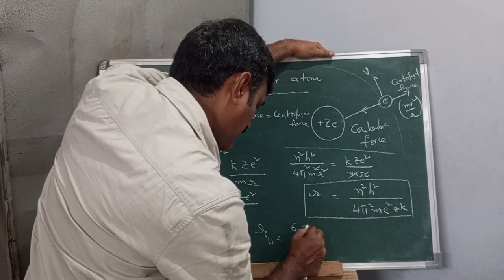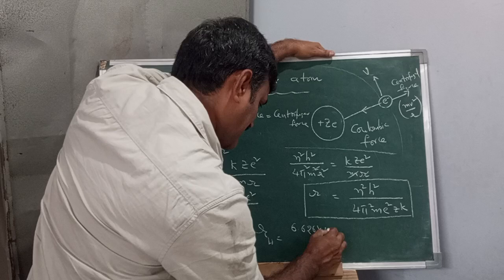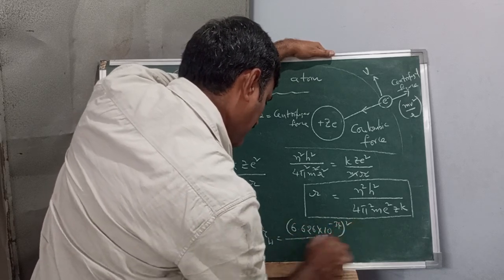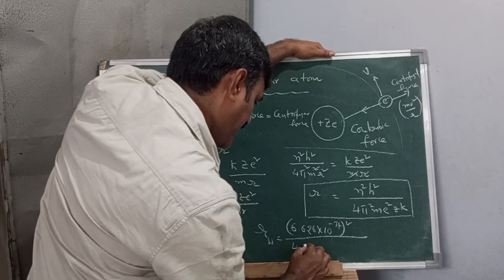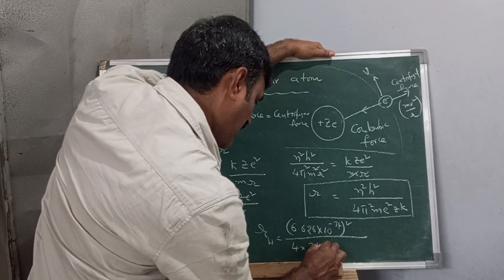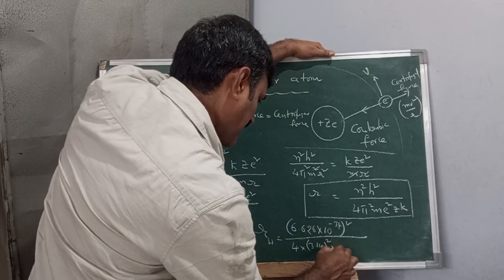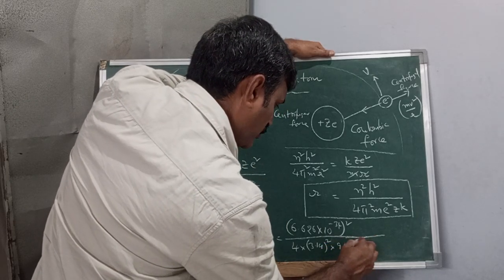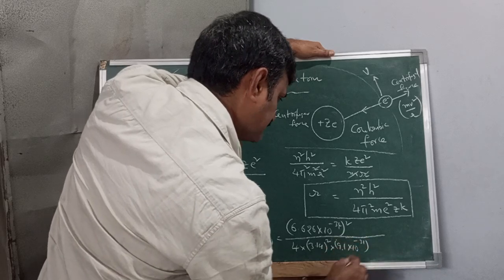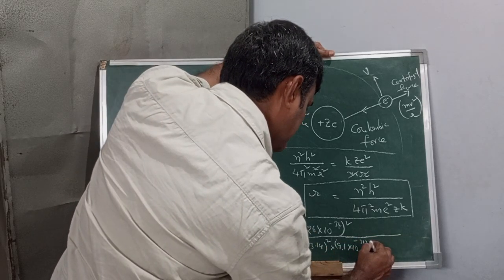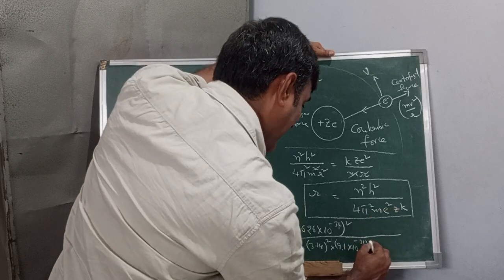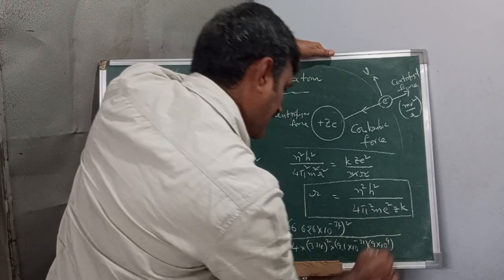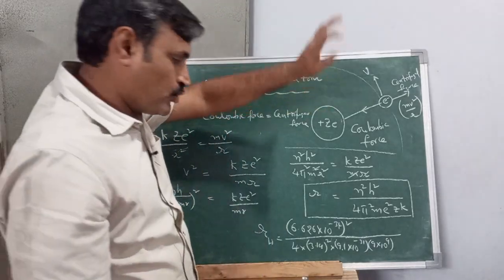The h value is 6.626 into 10 to the power of minus 34 whole square, divided by 4 into 3.14 whole square, into the mass of the electron 9.1 into 10 power minus 31, into the K value I have given, 9 into 10 to the power of 9 Newton meter square per Coulomb square.